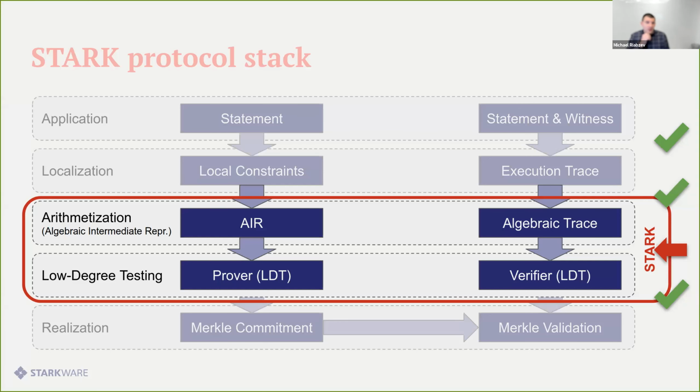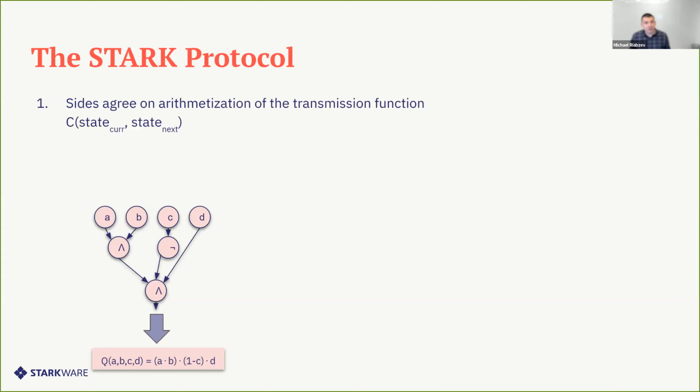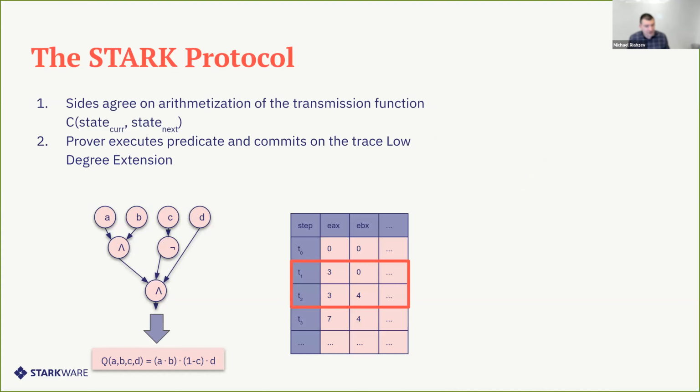So now we can finish in this meet in the middle and see what exactly the Stark protocol is, just to wrap up all these parts that we have seen. In the Stark protocol, we would like both parties, the prover and the verifier, to agree on some arithmetization of this transition function. And it implies arithmetization of the trace.